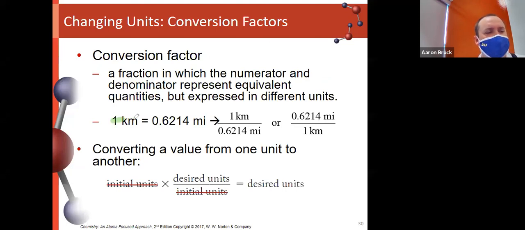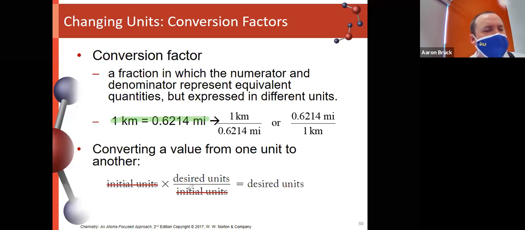In the case of the example problem here, there is an equality between kilometers and miles. 1 mile is 0.6214, 1 kilometer is 0.6214 miles. I'll get it right eventually.